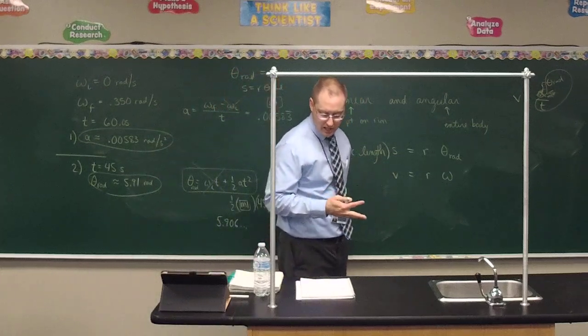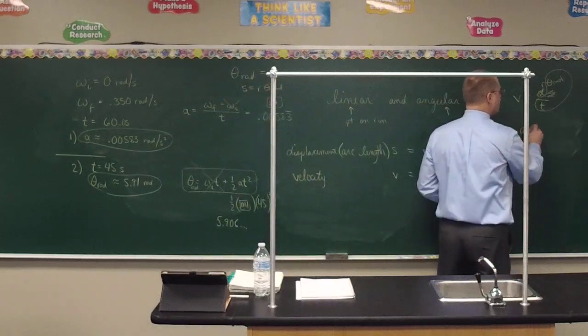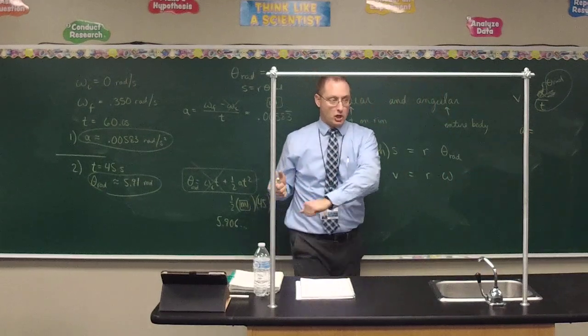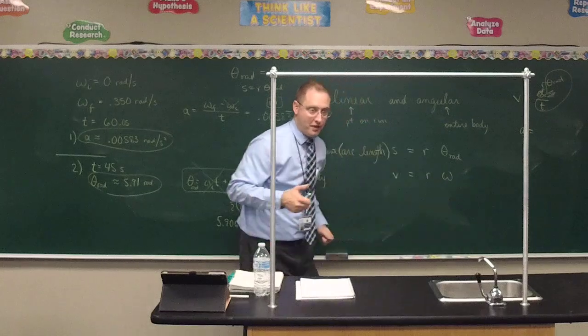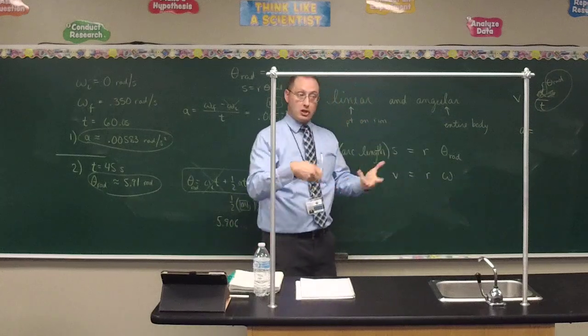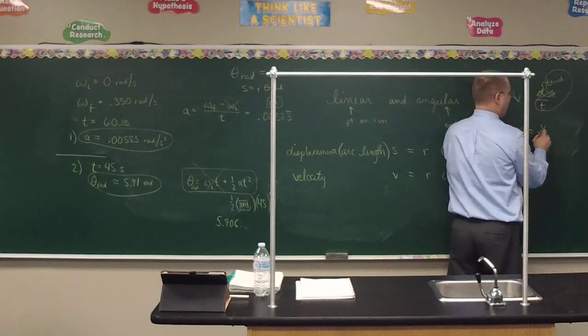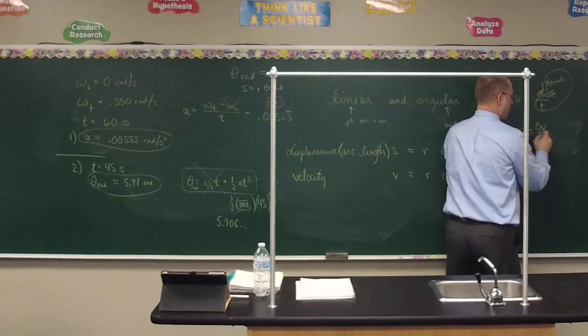Well, consider this. We know that acceleration of a body, and yes, if you were standing on the merry-go-round and someone starts to turn it, as they turn it faster and faster and faster, you begin to go faster and faster, right? Your acceleration is your velocity change per unit time.